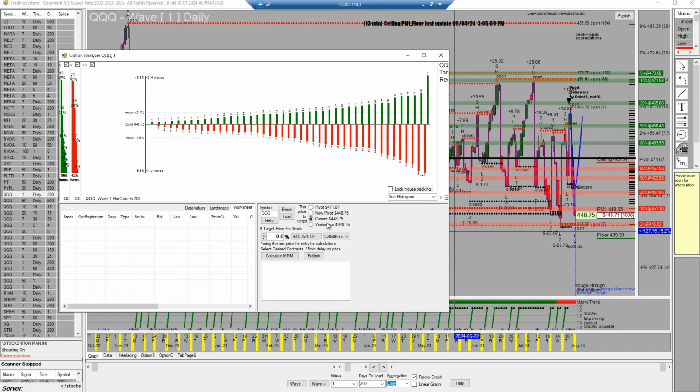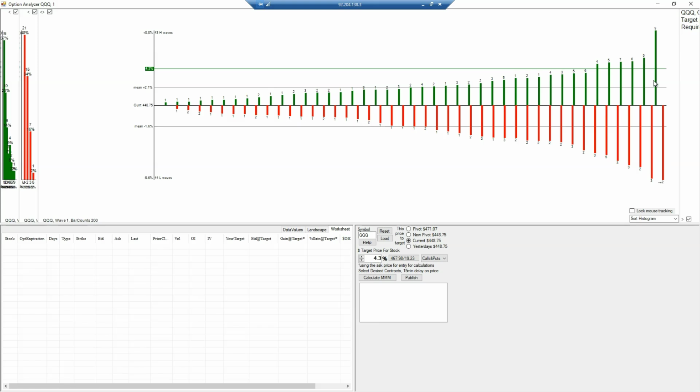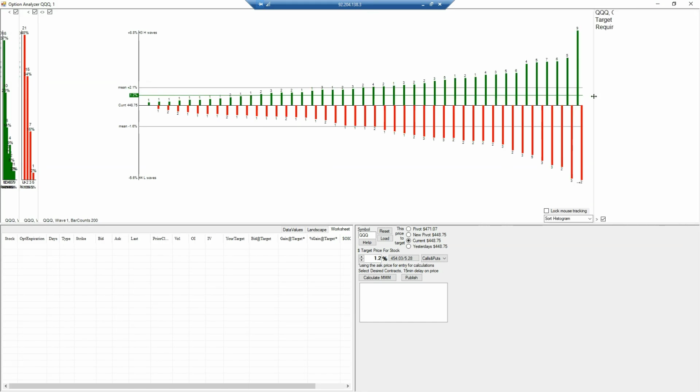Okay, most of the time, again I'm going to repeat, you should use the current price as the pivot to get the options data right here to predict the close range for the day that Mr. Russell will be explaining now. Okay, so let's move to that part of the video.